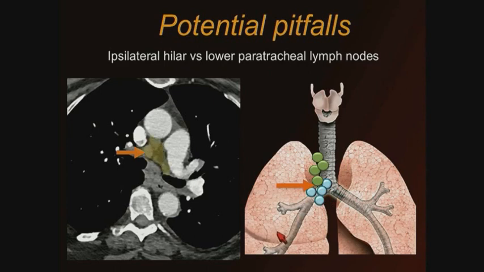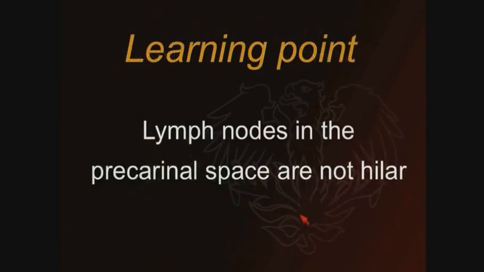So this is kind of a gray zone of the staging system, because the definition of the precarinal space is not clear, but for treatment purposes, this is considered a mediastinal space. So lymph nodes in the precarinal space are not considered hilar. For treatment purposes, we're going to consider them as mediastinal. And that's it for pitfalls on the lung cancer staging system.